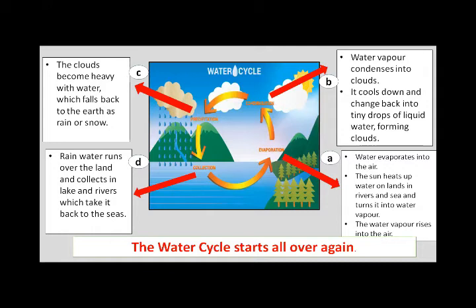Students, on page number 67 there is one activity. You can see this activity on page 67. Read this activity and I will repeat and explain it. Scientists have discovered that matter exists in more than three states.